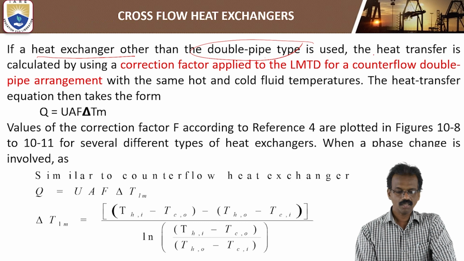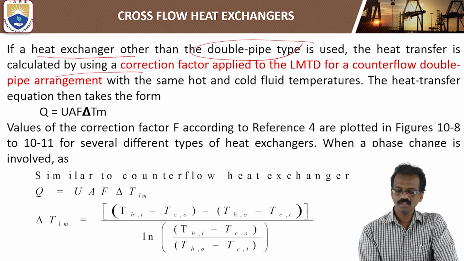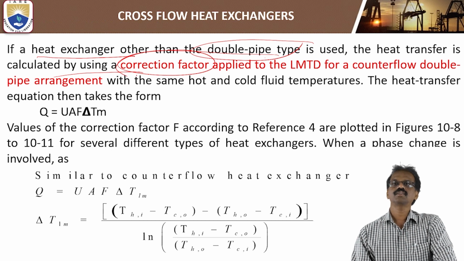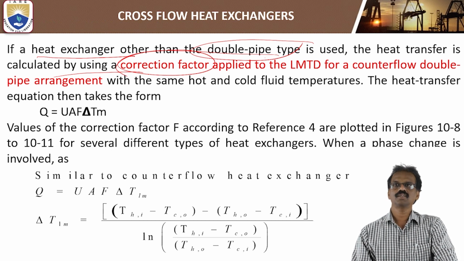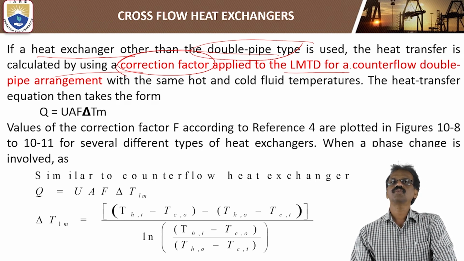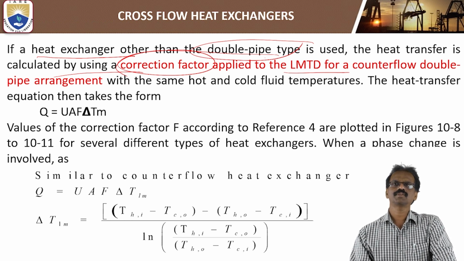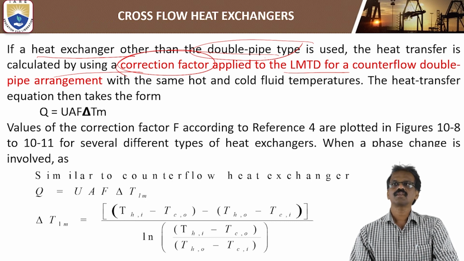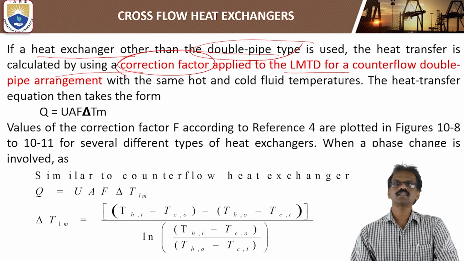The heat transfer is calculated by using the correction factor. It is very important. The correction factor, simply represented by F, is applied to the LMTD for the counter flow heat exchanger arrangement. So the cross flow heat exchanger is very similar to the counter flow heat exchanger, but we add the correction factor.